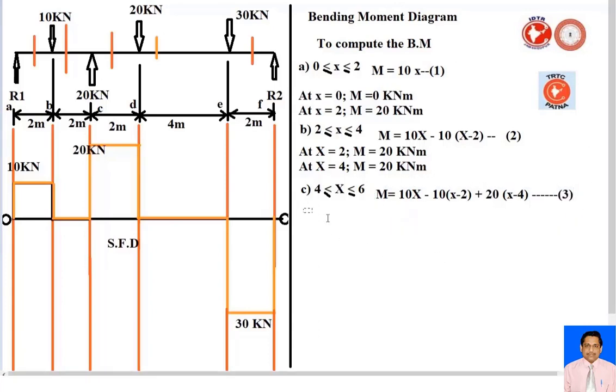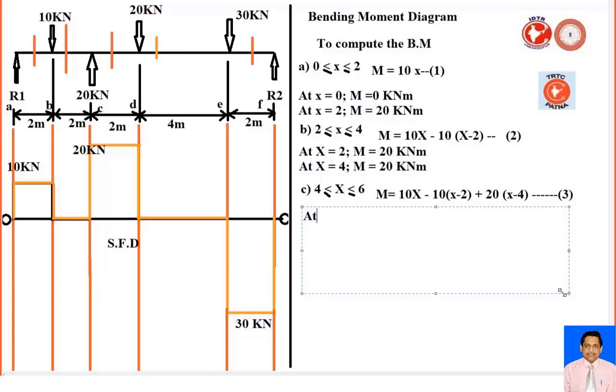And again calculate the value. At x equal to 4, moment M equals 40 minus 20, this is 20 kilonewton meter.